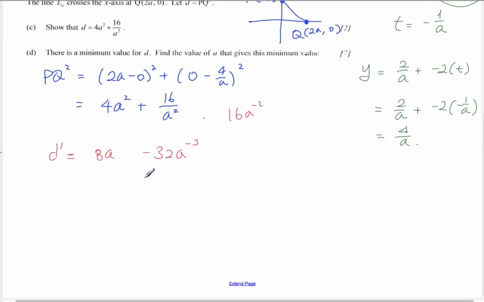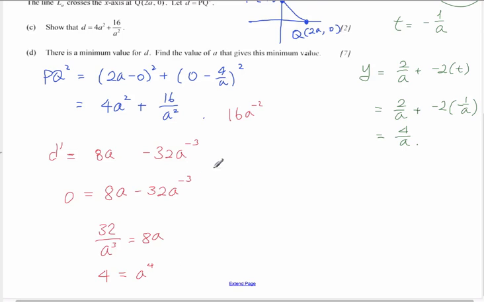So I'm going to set it equal to 0 and solve. 8a, and then multiply both sides by a cubed and divide both sides by 8. You would get 4 is equal to a to the 4th.